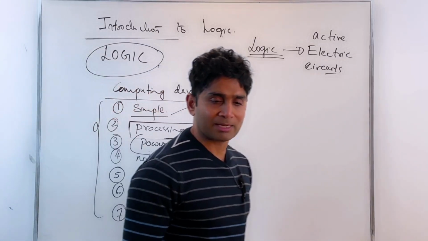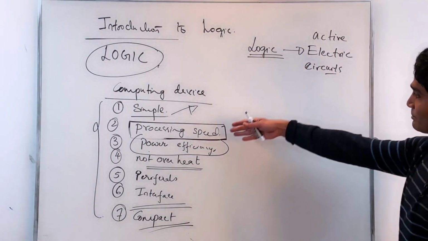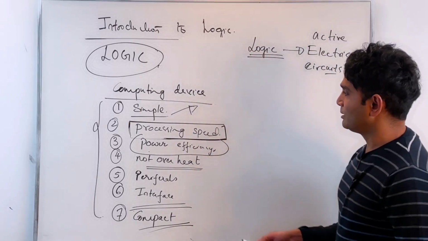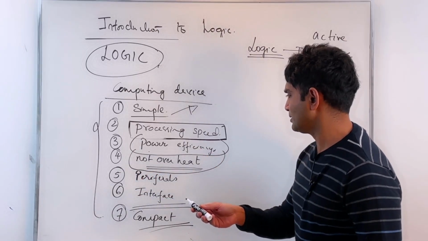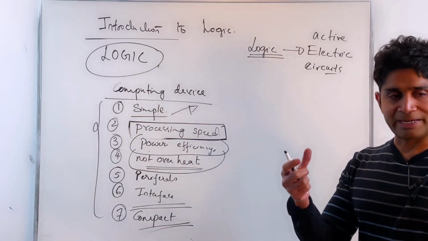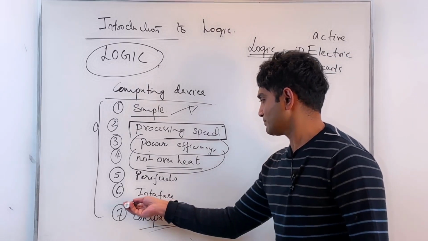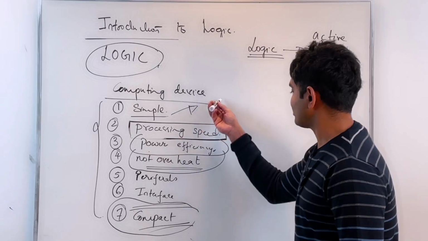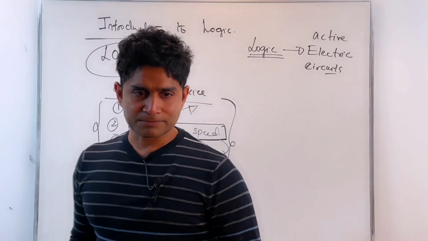That means less power consumed, which means I'm not overheating it. Fewer building blocks or circuits also means my design is compact. So it affects all of these aspects that you, as an engineer, want in your device.